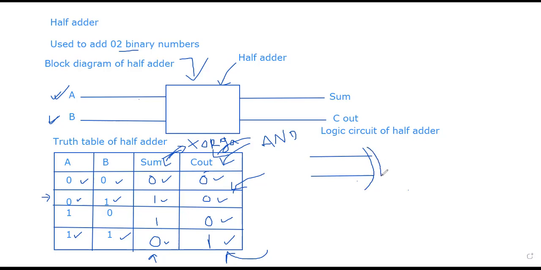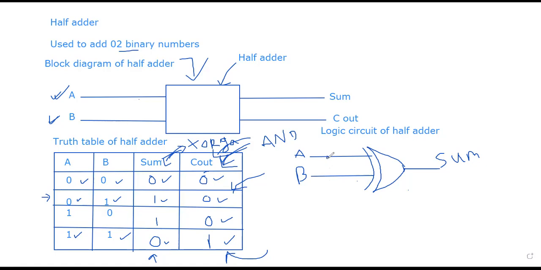So here, when the inputs are A and B, that's the output sum. Here we say sum, and we know the AND logic will bring the carry out. So let us do that.